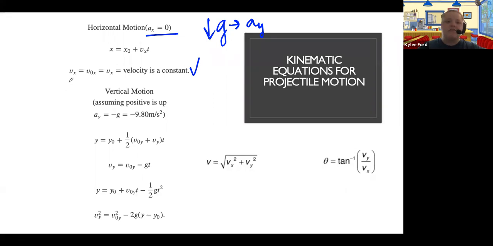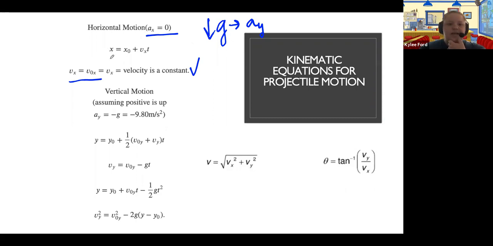We say our velocity in our x direction equals our initial velocity in our x direction. Then we have our other equation of motion for x, which is our final x equals our initial x plus vxt, our velocity in the x direction times time.